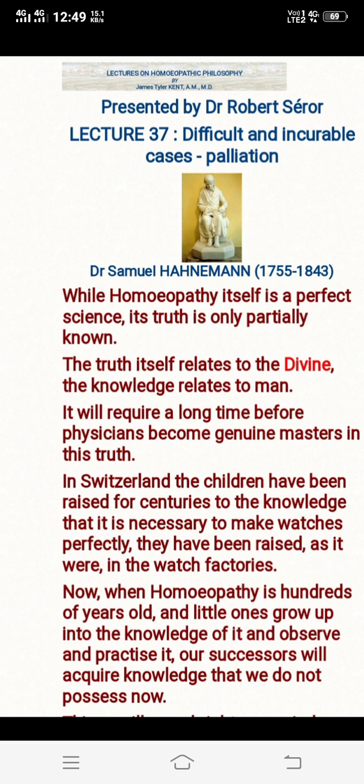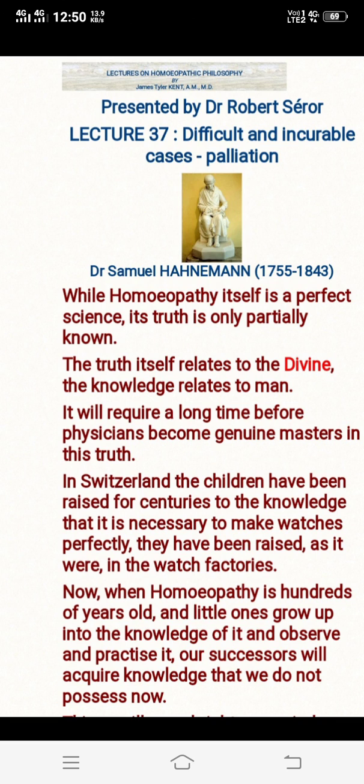So these are the difficult and incurable cases explained by Dr. Kent, and you have to remember which are the difficult and incurable cases. The first is one sided diseases, then diseases having alternating symptoms. The third is mixed miasmatic diseases. The fourth is diseases complicated with allopathic treatment. And the fifth is diseases having gross pathological changes.